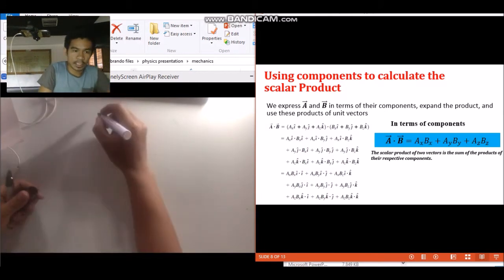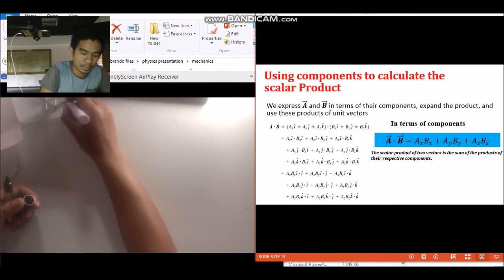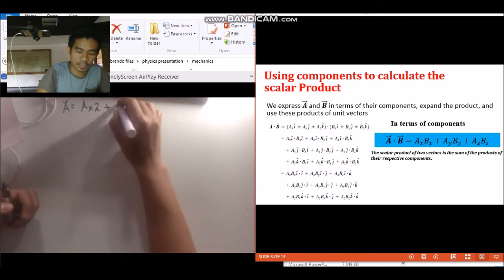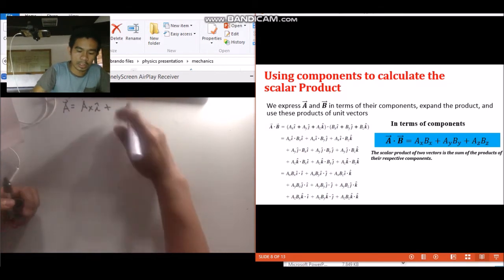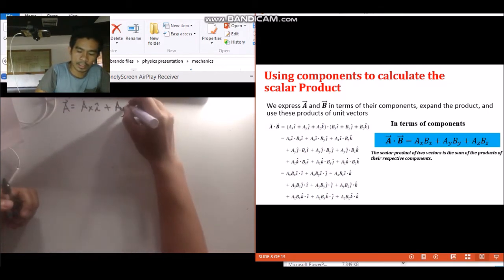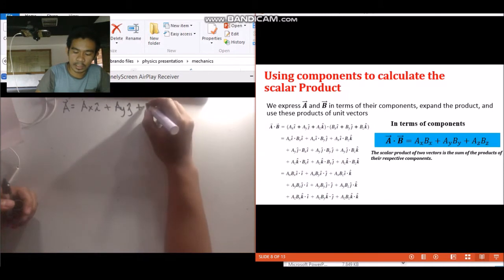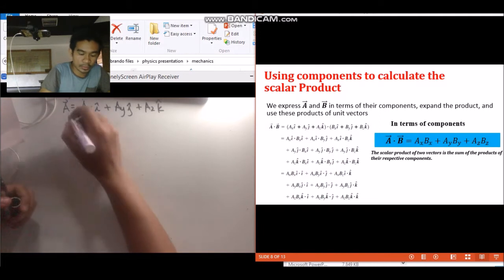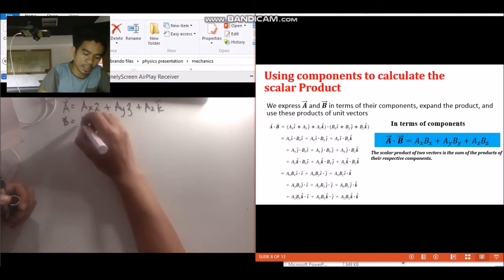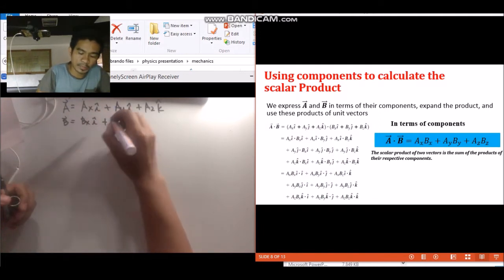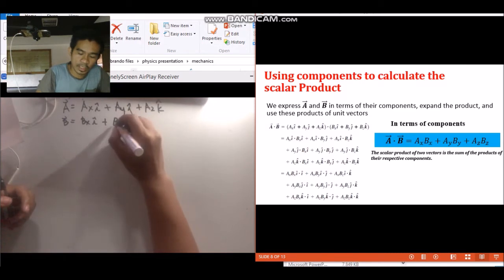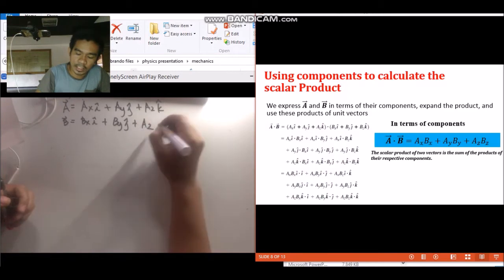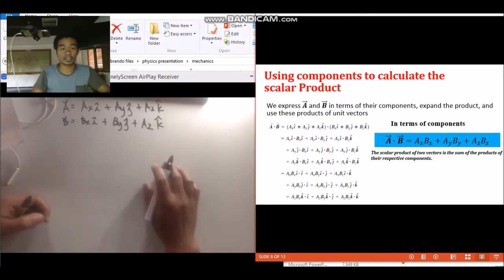Alright, so vector a has components ax i hat plus ay j hat plus az k hat, and vector b equals bx i hat plus by j hat plus bz k hat.